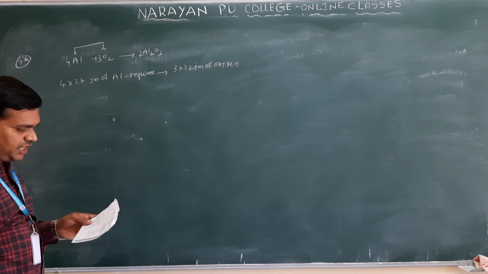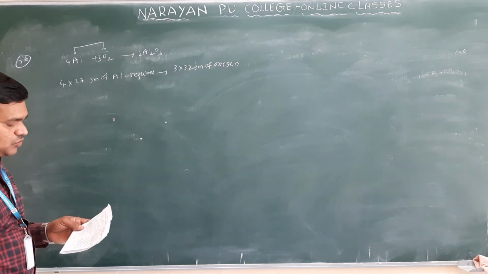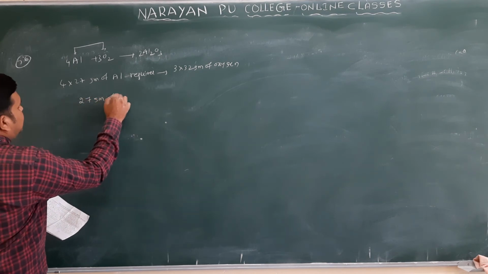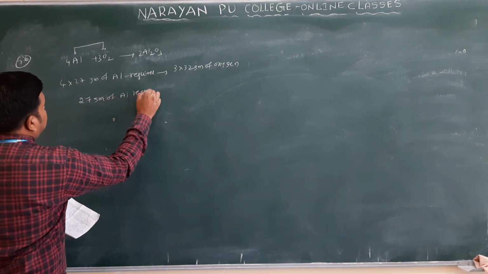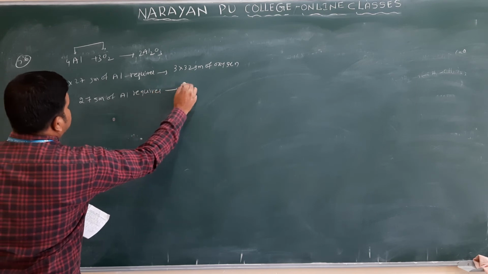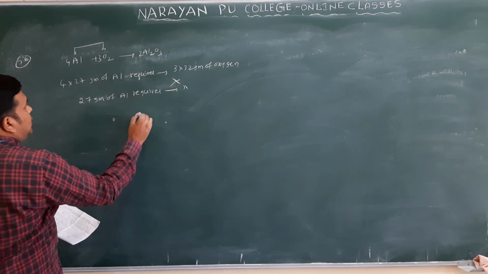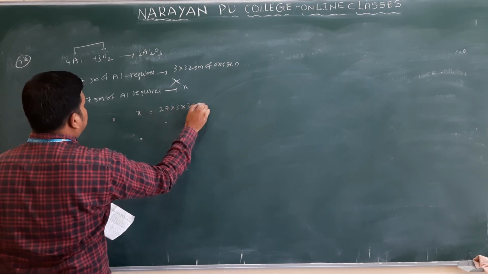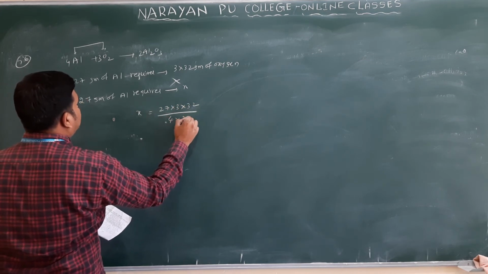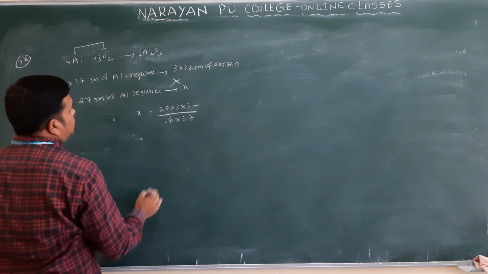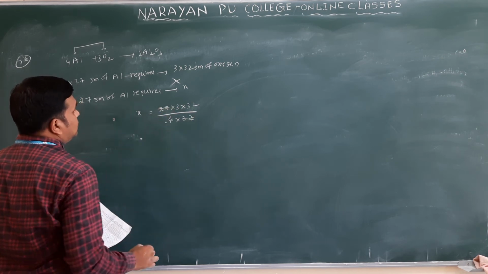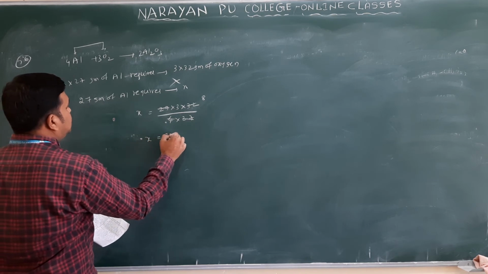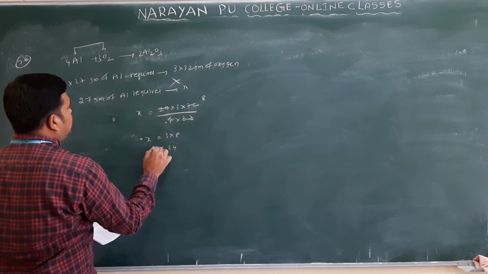But in the problem they have given 27 grams of aluminum. So this 27 grams of aluminum requires X grams of oxygen. So X is equal to 27 into 3 into 32 by 4 into 27. Here 27 cancels. Here 4 cancels 8 times only. So X is equal to 3 into 8, that is equal to 24.